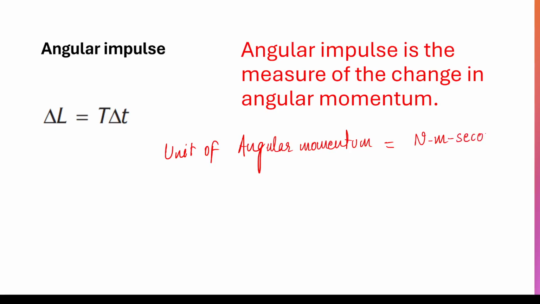But if you want a more standard unit like kilograms, meters, then let's go via delta L. Angular momentum is, if you remember, mass times velocity, but remembering mass in rotational motion is inertia. So inertia times angular velocity, and inertia is kg meter square, radians per second is just per second, so kg meter square per second. So either this or this, depending on what the question is asking.